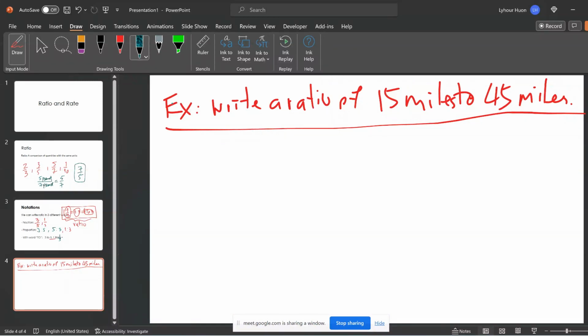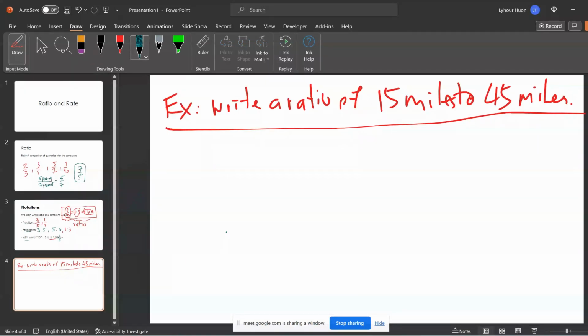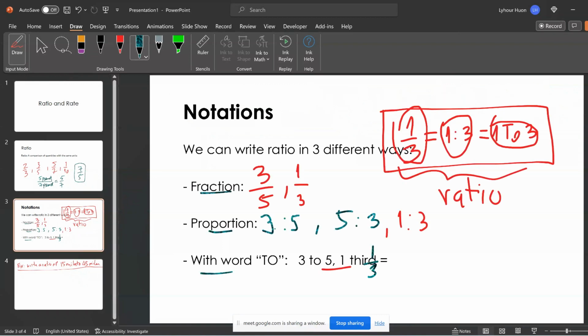So when we write a ratio 15 miles to 45 miles, what do you prefer? Still with the words, or the fraction, or the proportions? Either way. What is that little dot thing called? Colons. Yes, this is colons.